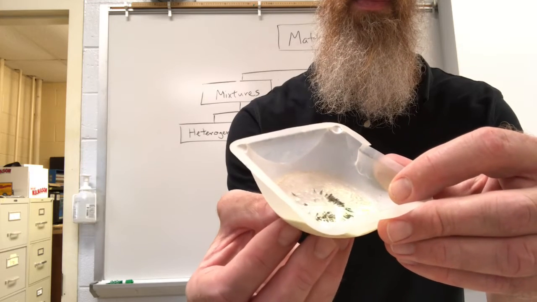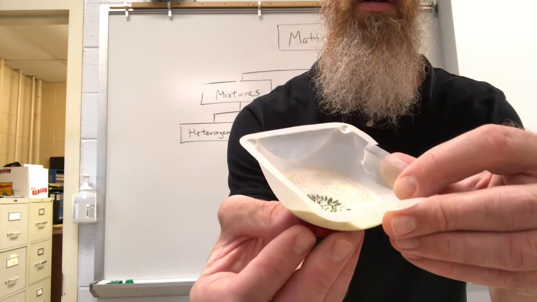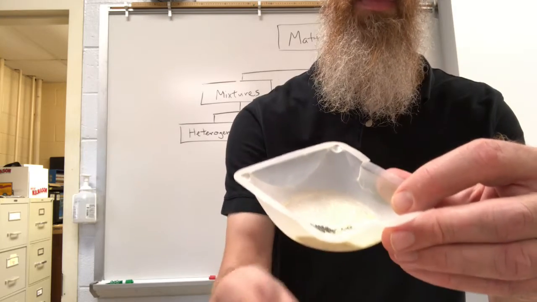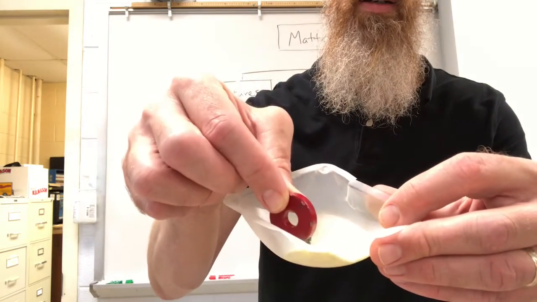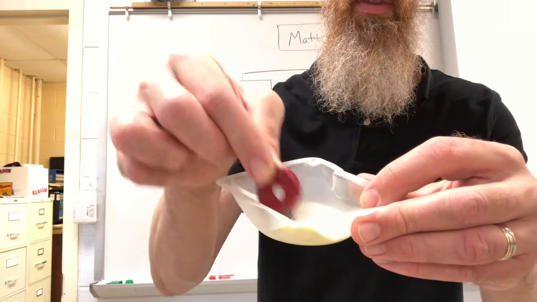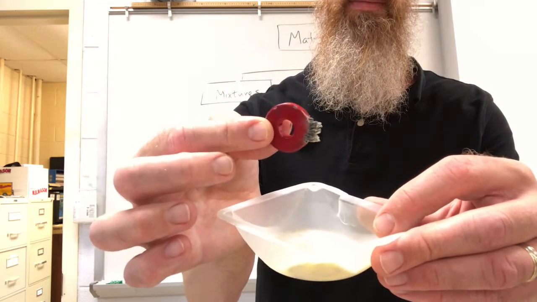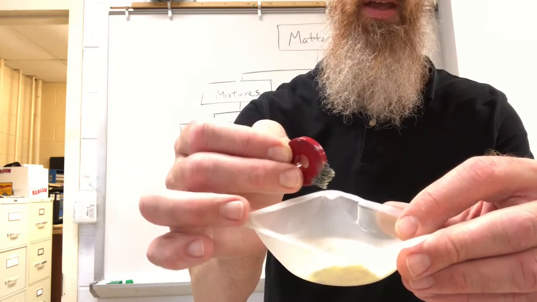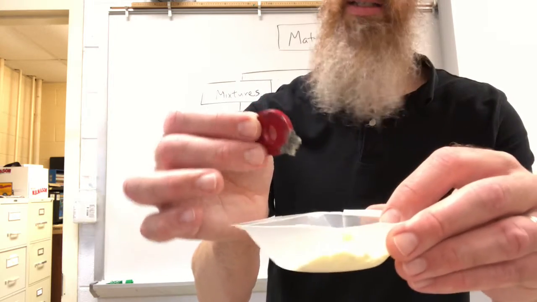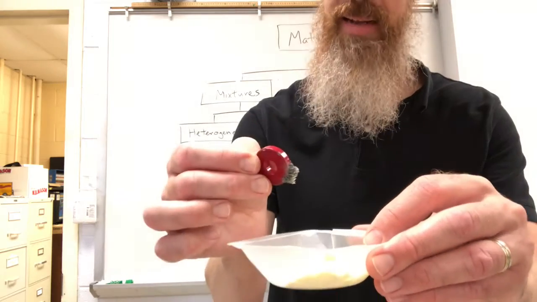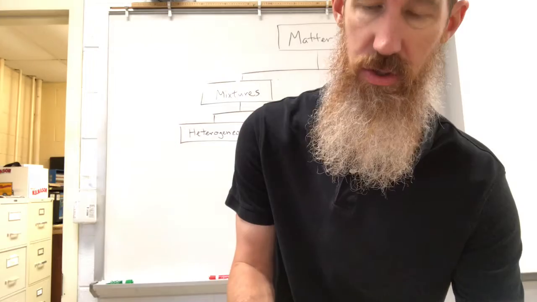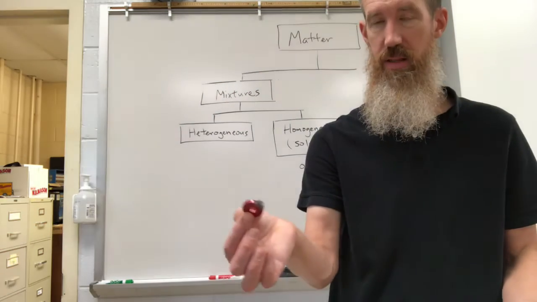I can bring it up. Now if I wanted to, I could take my magnet and put it right in here, and I can bring out the iron. Now there's a little sulfur attached, but that's fine, I can dust that off, because for the most part, sulfur is not magnetic. So I'm using magnetism, a physical property, to separate the mixture.